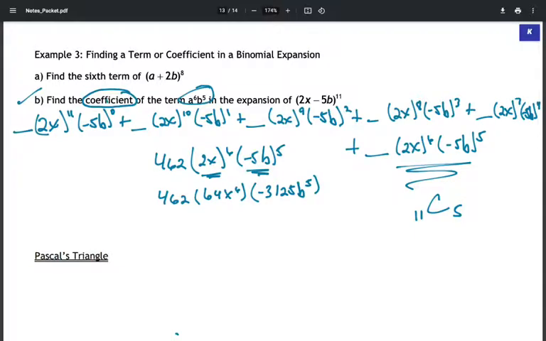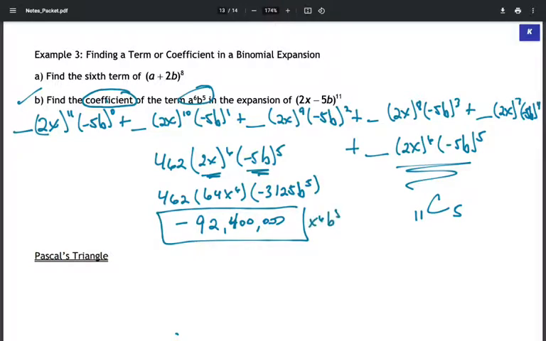So now multiply 462 times 64 times 3,125, or negative of that. We get negative 92,400,000. And that would be the coefficient. Now, if you were to get the whole term, it would have an x to the 6th and a b to the 5th at the end of it. But that is the coefficient for that.